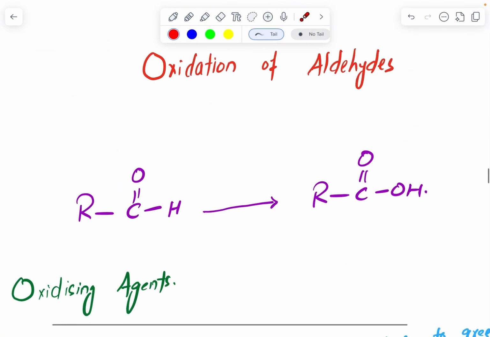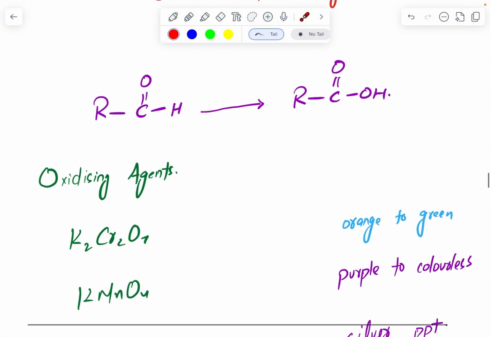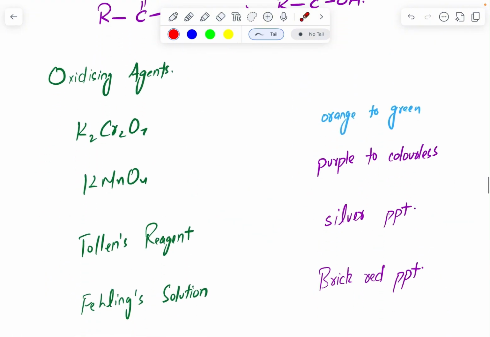Now let's talk about the next part: you can convert the aldehyde into the carboxylic acid. Definitely you have to use an oxidizing agent. We can use four oxidizing agents. The first one is potassium dichromate, then potassium manganate, then Tollens' reagent, and then Fehling's solution.